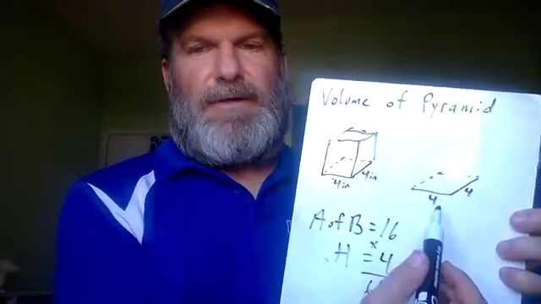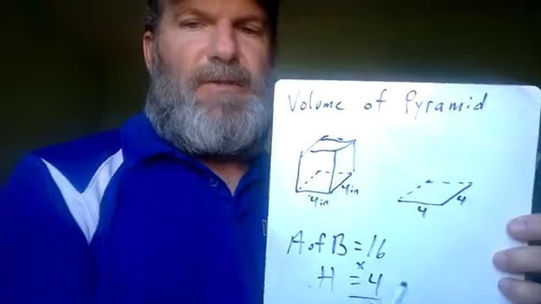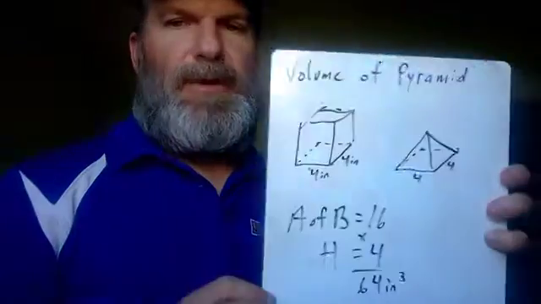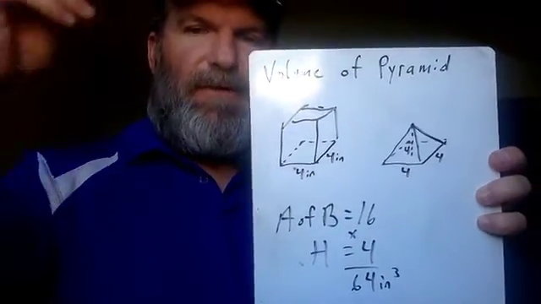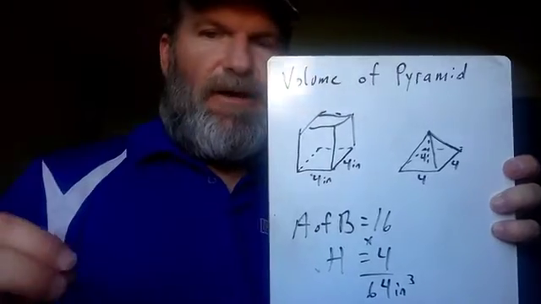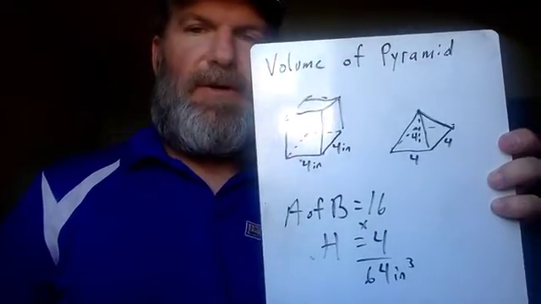Now, if I take this other square that we have here, that's going to be the base of a shape, and turn this into a pyramid instead of a box, it would look something like this. I give it the height of 4 as well. The height of a pyramid is usually shown in the middle, from the tip at the top all the way down to the middle of the base, the square at the bottom.